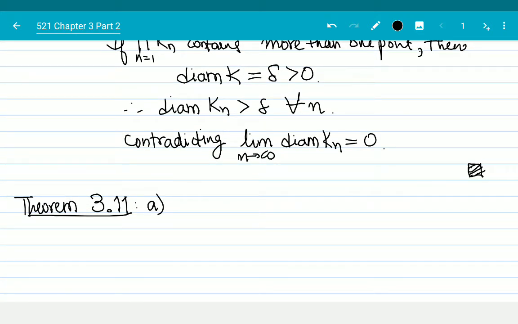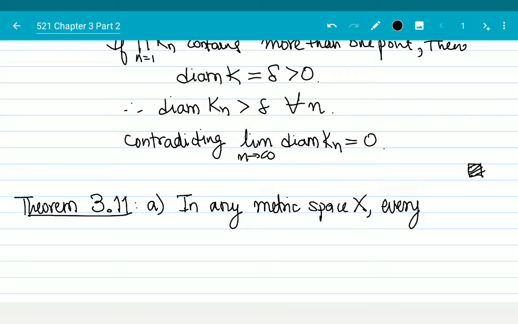In any metric space X, every convergent sequence is a Cauchy sequence.